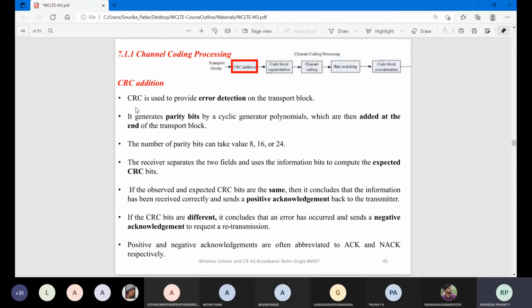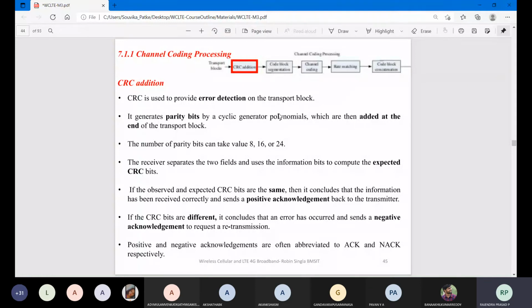CRC is used to provide error detection on the transport block. It generates parity bits by a cyclic generator polynomial, which are then added at the end of the transmitted block. The number of parity bits can take a value of 8, 16 or 24. The receiver separates the two fields and uses the information bits to compute the expected CRC bits.